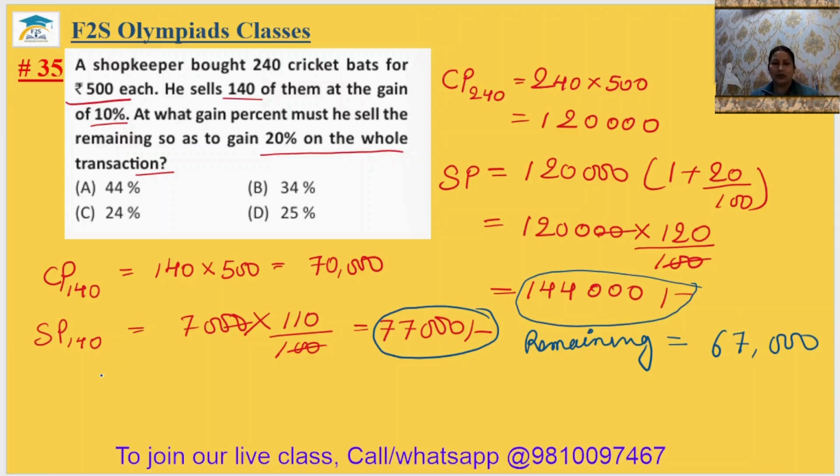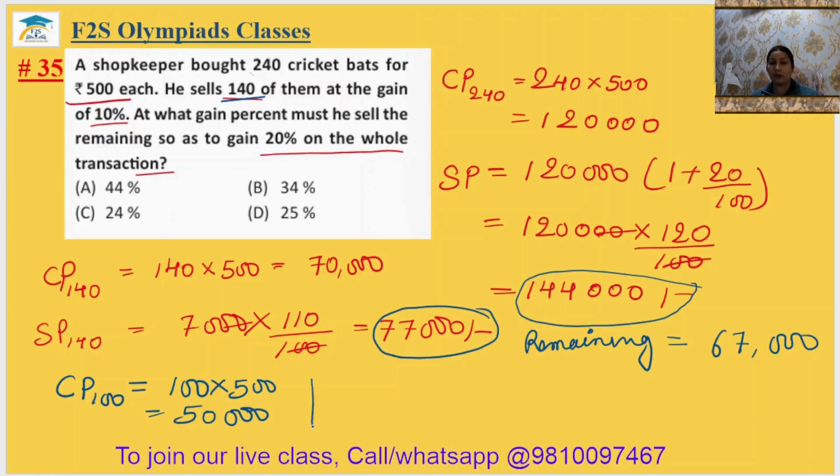And how many bats are still remaining to sell? 140 are already sold. So it means 100 bats are still remaining here. The cost price of 100 bats will be 100 multiplied by 500 equal to 50,000.